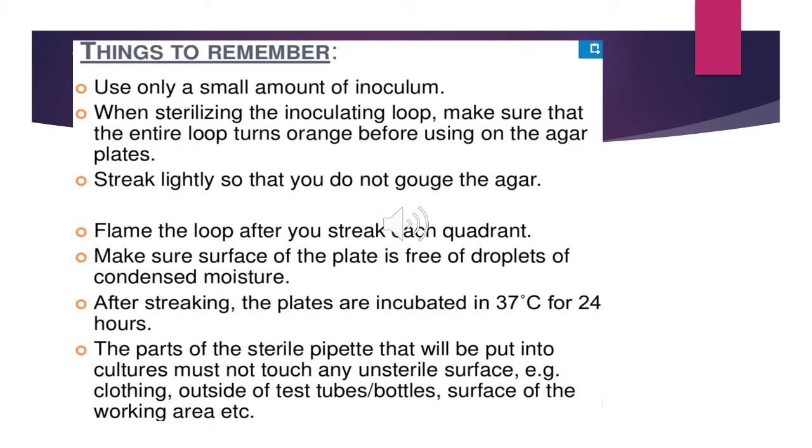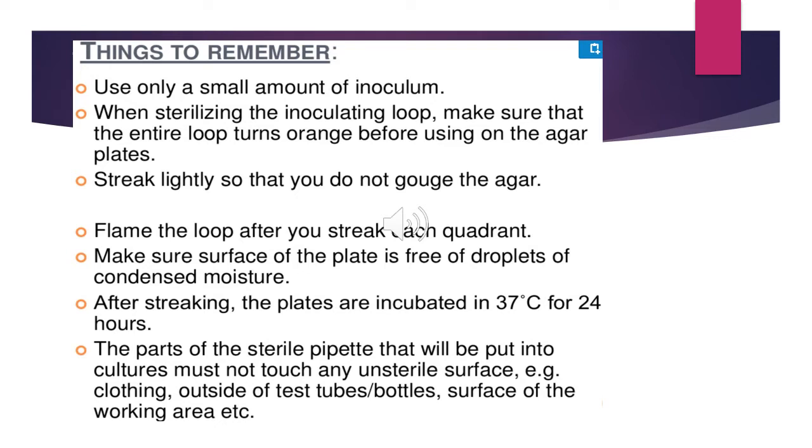Okay, there are some things to remember in doing streaking. We have to use only a small amount of inoculum. When you are sterilizing the inoculating loop, make sure that the entire loop turns orange. So this is what you do when you flame the loop in a Bunsen burner or use a loop sterilizer nowadays. So you don't need to use flame in the microlab anymore.